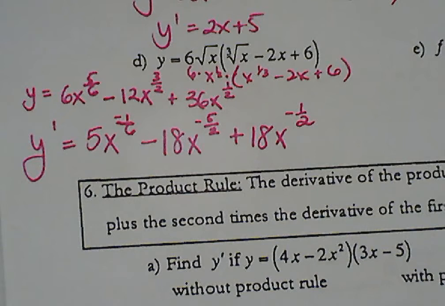And now you gotta do the whole thing. Minus 1. That 5x is negative 1/6. Oh, that's not 6. Okay. 36. Subtract 1. Another 1/2.